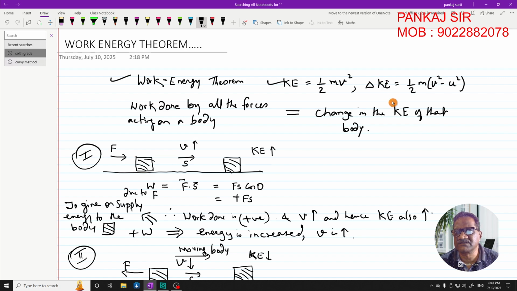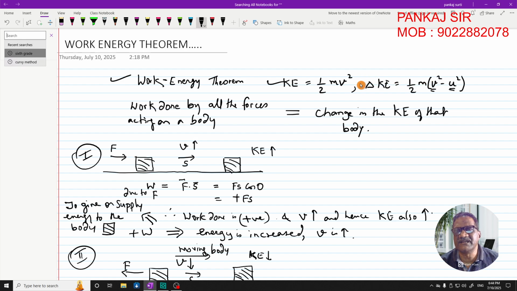Now, the velocity may keep on changing. So suppose the initial velocity is u, and the final velocity is v, then we have initial kinetic energy and final kinetic energy. Final kinetic energy will be half times m times v square, that is final velocity square, and initial kinetic energy will be half times m times u square, which is the initial velocity square.